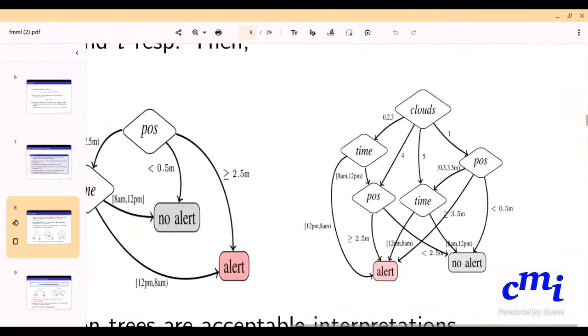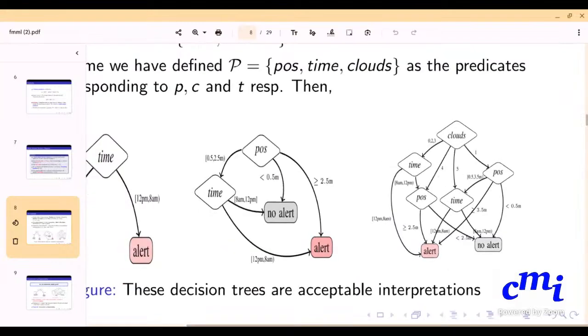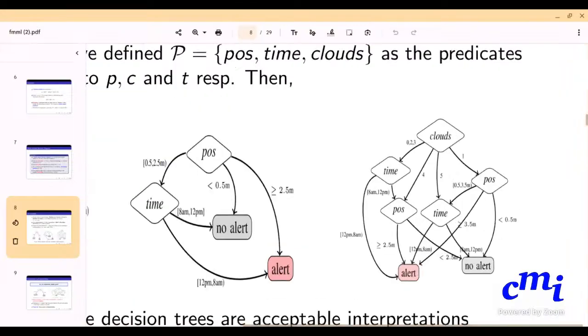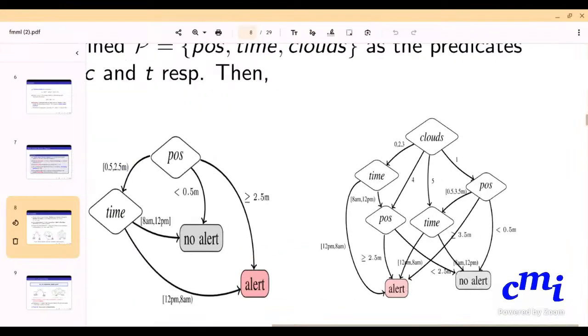So what does it mean here? I'm taking clouds as an example. In the third example, clouds is a predicate for the input feature C. I have restricted C to take values from 0 to 5.